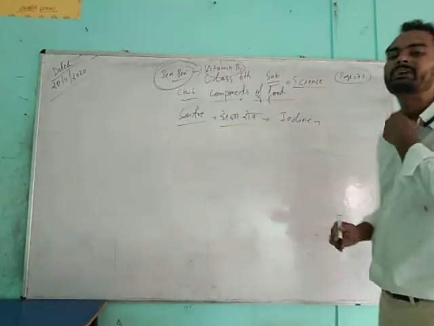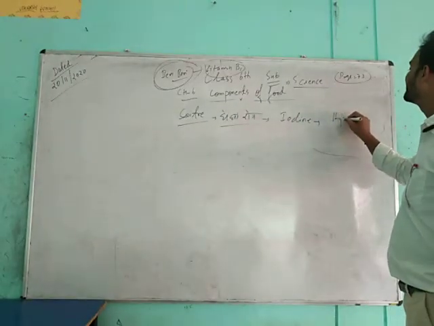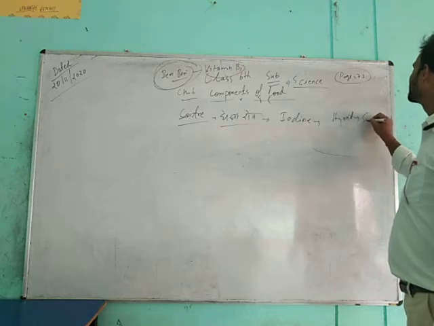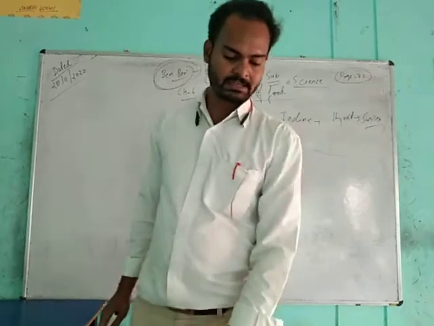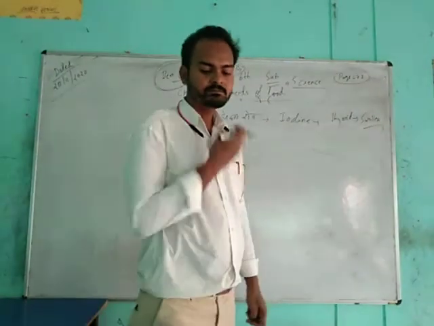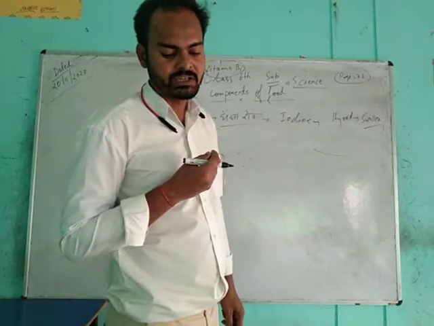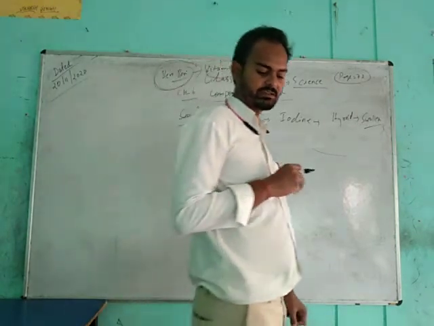जो हमारे गले में थायराइड ग्रंथि होती है, थायराइड ग्लैंड, this swells, और यहाँ पे सूजन हो जाती है, poor growth in infants and mental retardation.